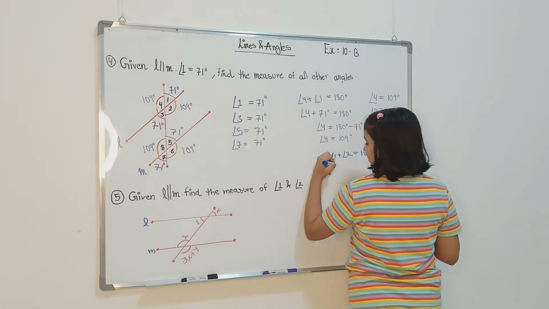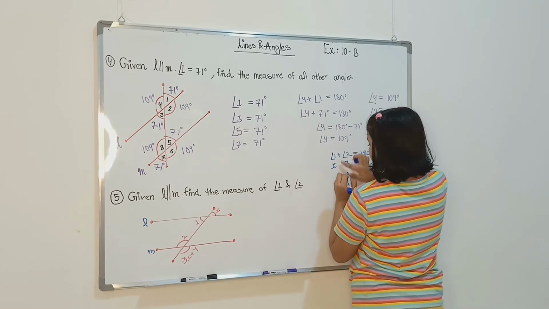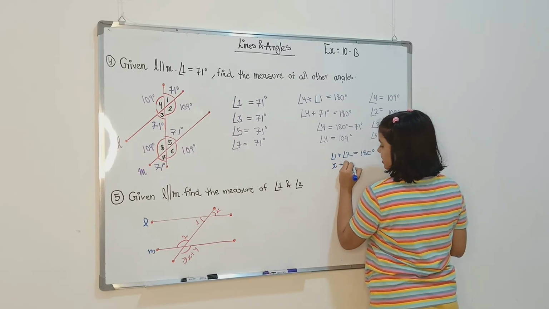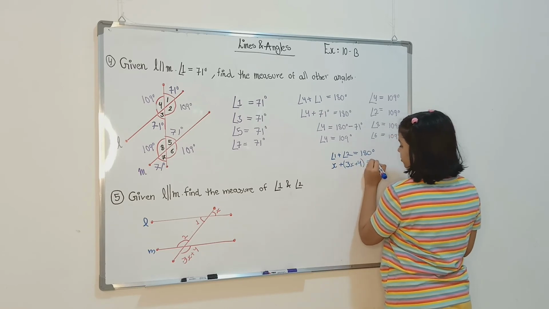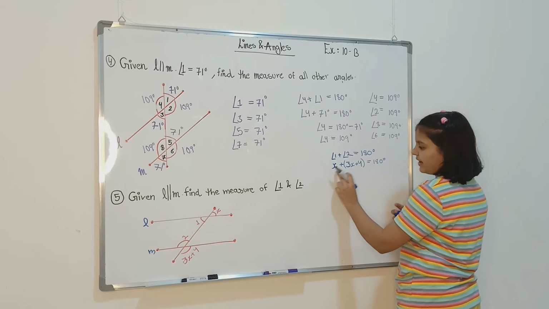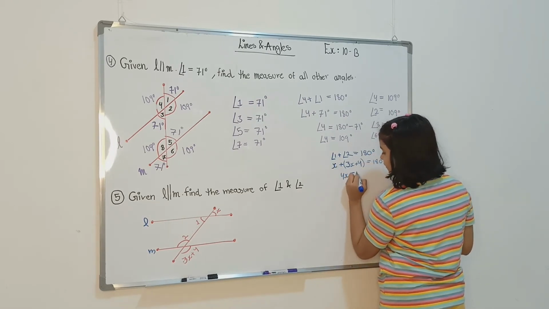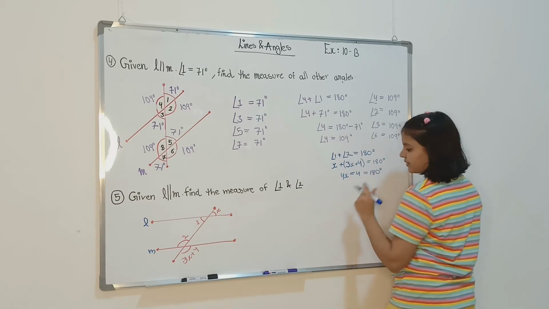So x plus 3x plus 4 is equal to 180 degree. Now we'll add x plus 3x. So 4x plus 4 is equal to 180 degree.